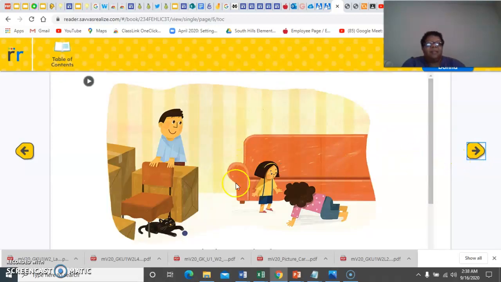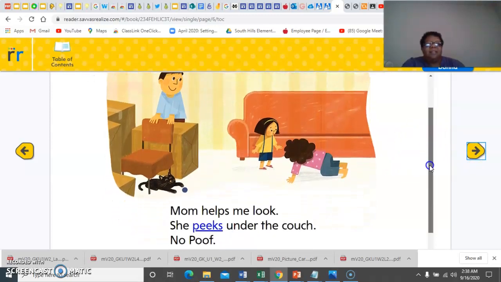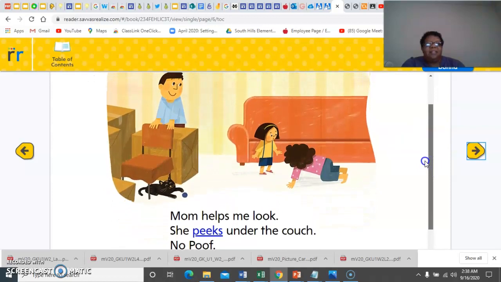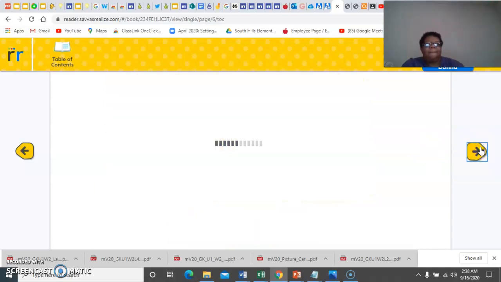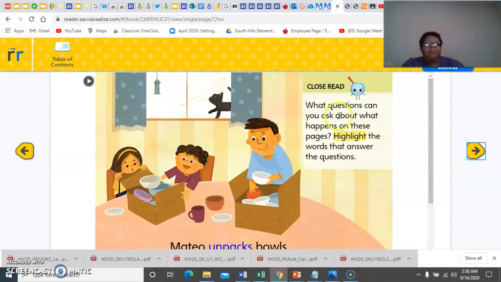And then what are they doing now? And they still can't find Poof. Look at her face, how she's feeling. And there's Poof. And then there's Poof again, and they are still looking, unpacking.